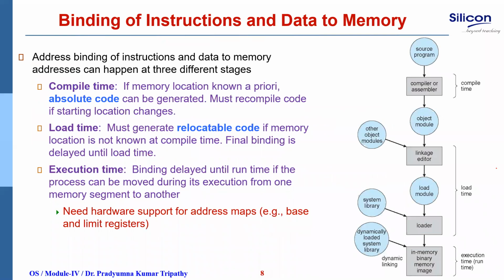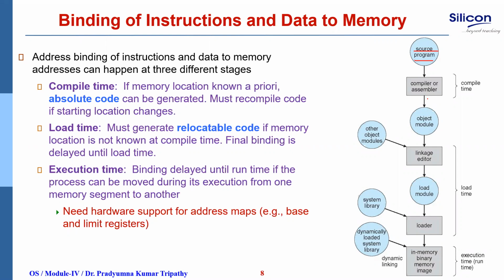Just look over here. This is the program we have written, the source program, which is going to be executed. The source program is compiled, then it goes to the assembler, and then the machine code is generated.